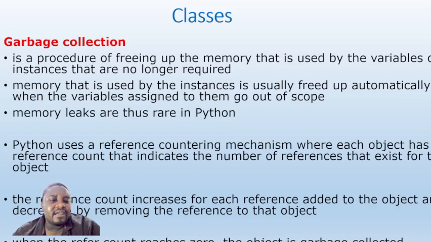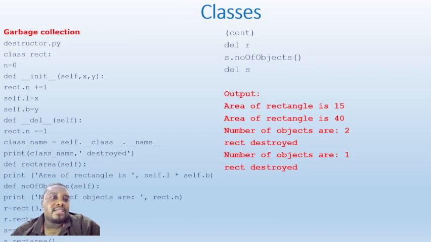When the reference count reaches 0, the object is garbage collected. So this is an example of garbage collection. You can go through this code, type it in your software, and you will see everything that we have done there. The output will appear.